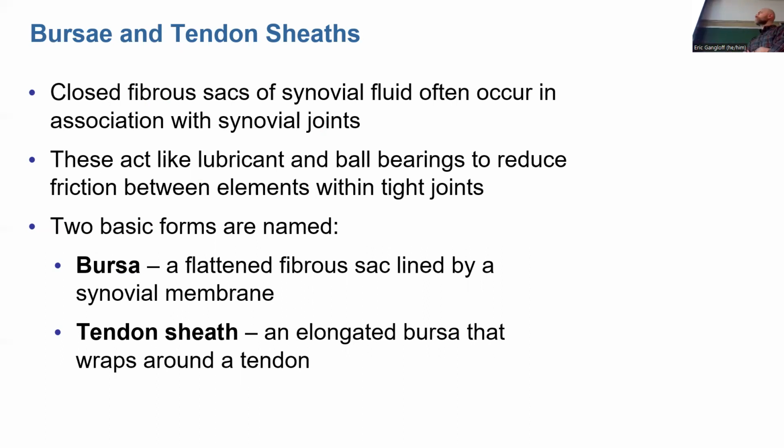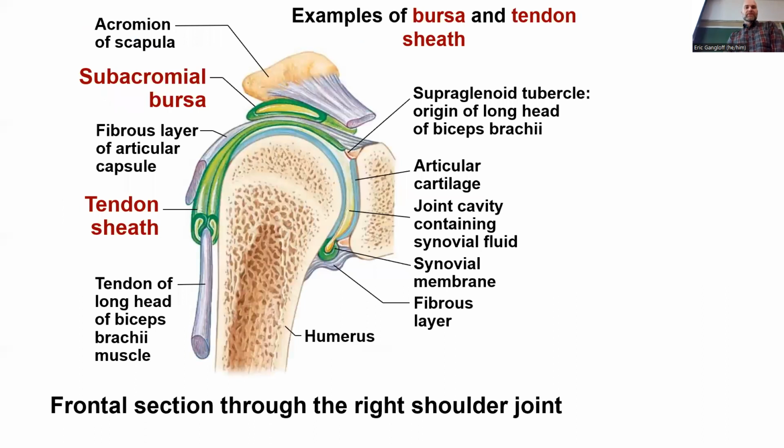A student asks about the difference between the joint and the sacs. That's a great question, actually. Let me make sure I've got that clear. So the joint is going to be this whole structure.